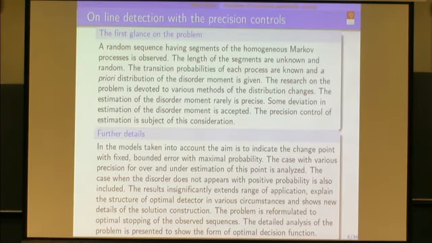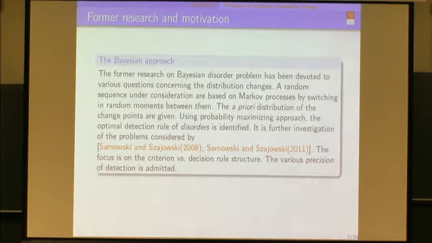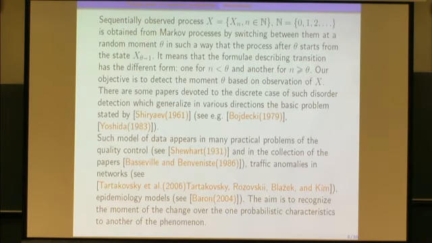So now I will think about switching of a Markov process, and there is only one moment which changes transition probabilities. After this introduction, which I skipped, I say only that we have a Bayesian approach, and the model will be constructed here.